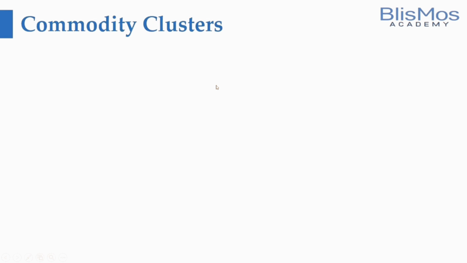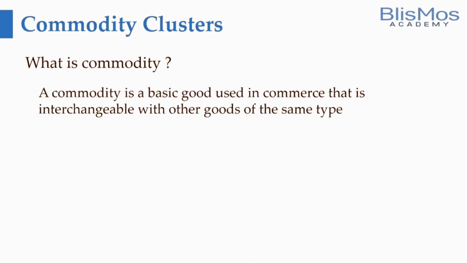Now that we understood what is distributed file system, let us try to understand commodity cluster. By the way, what is commodity? Commodity is a basic good used in commerce that is interchangeable with other goods of the same type. Commodity is also, in a sense, something that can be afforded by a common man.